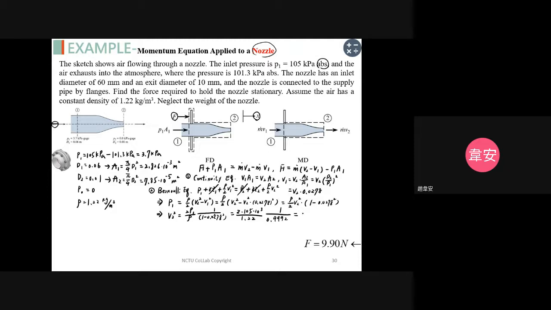So 2 multiplied by 105, multiplied by 1000, divided by 1.22, divided by 0.9992, is equal to 172,268.9. So V2 is the root of this number.